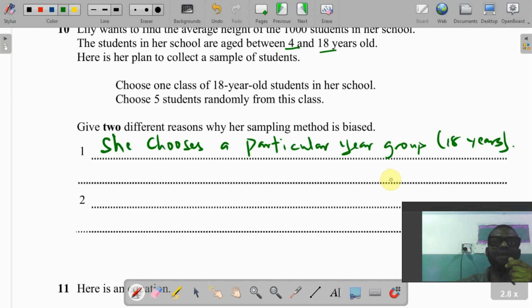Number 2, she chooses 5 students randomly from the class. Her sample size is small.